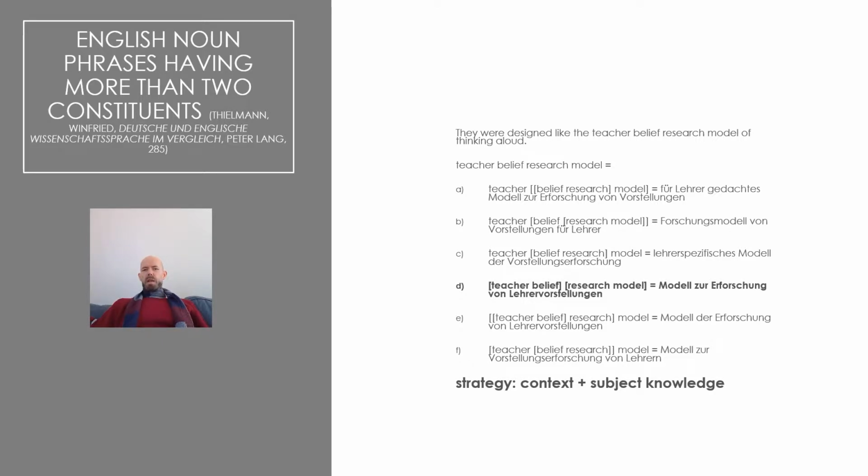It could be a teacher belief research model, so a model of belief research that's made for teachers, if you like. So in German we might say für Lehrer gedachtes Modell zur Erforschung von Vorstellungen. What it really is is a teacher belief research model. So in German that will be Modell zur Erforschung von Lehrervorstellungen.